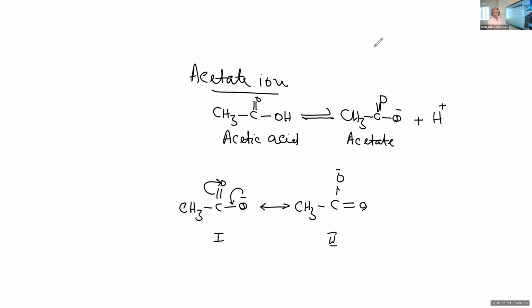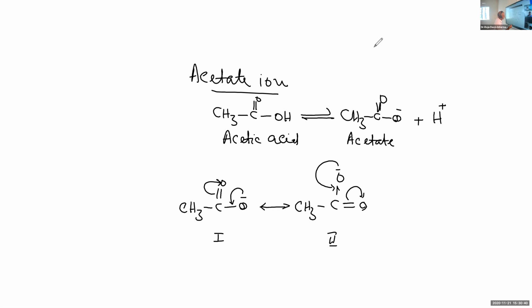Now, if the electron pair shifts again like this, you will get the old structure. So the structure is dancing between these two. The electron pairs are wandering between these two structures. So we cannot say what the actual structure is. It is something between these two, and that is the resonance structure.